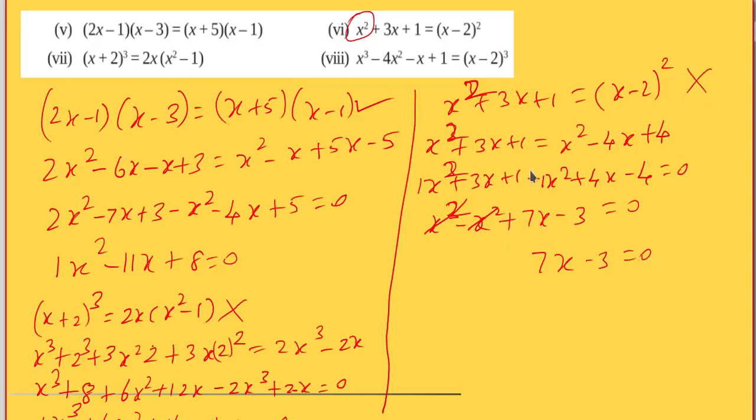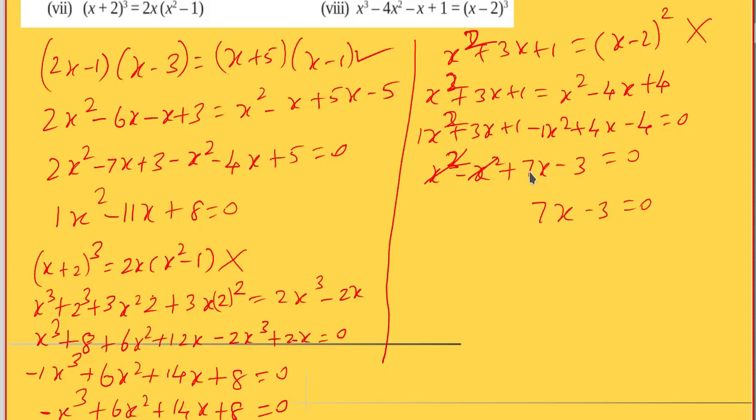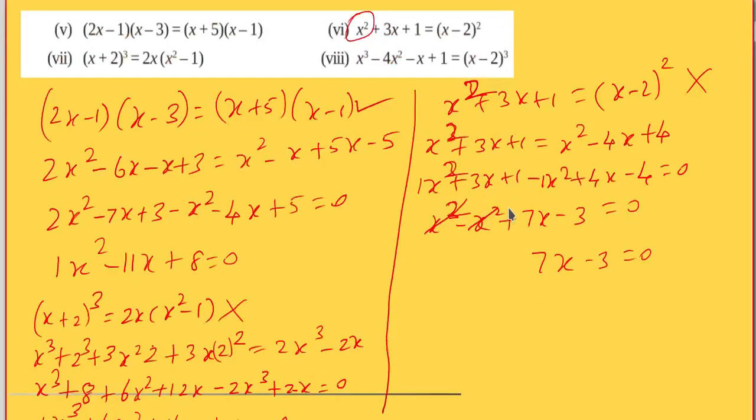Next, 8th question. What is this? x cube minus 4x square minus x plus 1 equal to x minus 2 the whole cube.